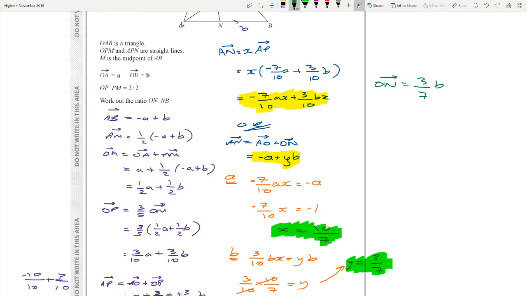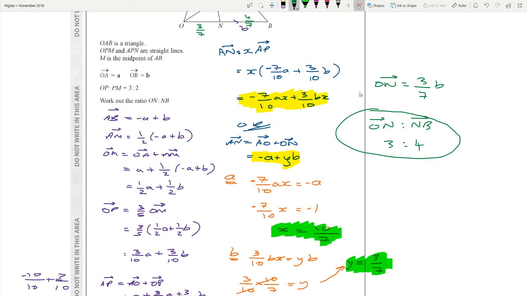So from O to N this is going to be 3/7. And what about N to B? It's going to be 4/7, isn't it? Therefore, the ratio of ON to NB is 3 to 4. That's your answer: the ratio from the vector ON to NB is 3 to 4.